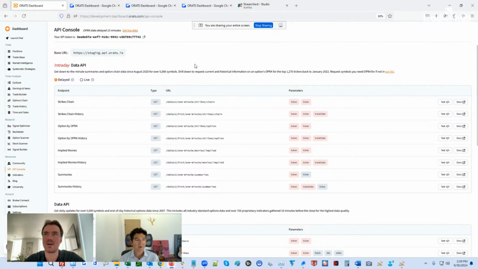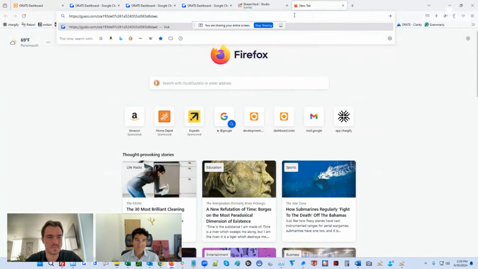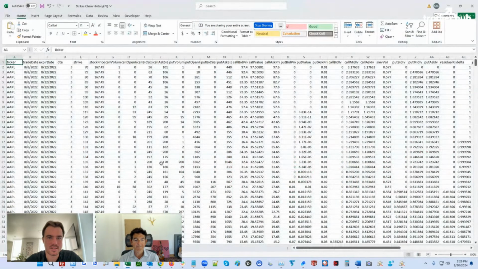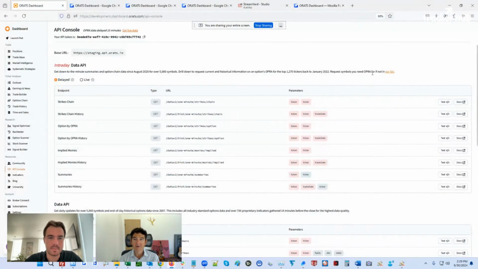Yeah, it's hard for anybody else to supply this depth of history and the breadth of symbols that we offer. Over 5,000 symbols you can query via the API, back to 2007 for near end of day data, and back to August 2020 for 1 minute granularity. Yeah, absolutely. All right.